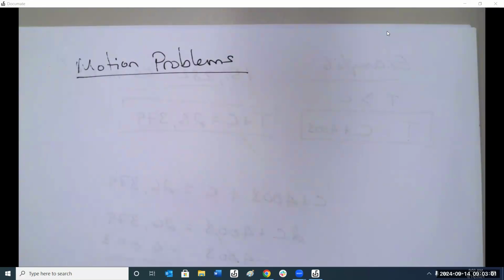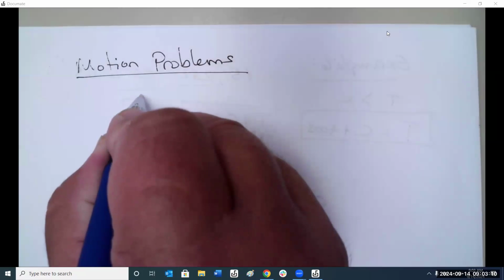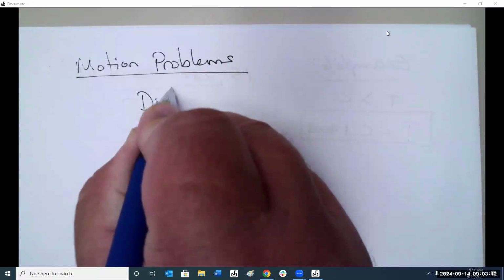A motion problem involves movement. Whenever you talk about things that move, you have to deal with time. So here we deal with the distance equation.